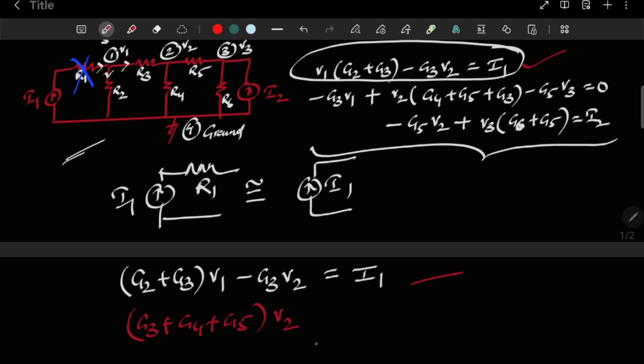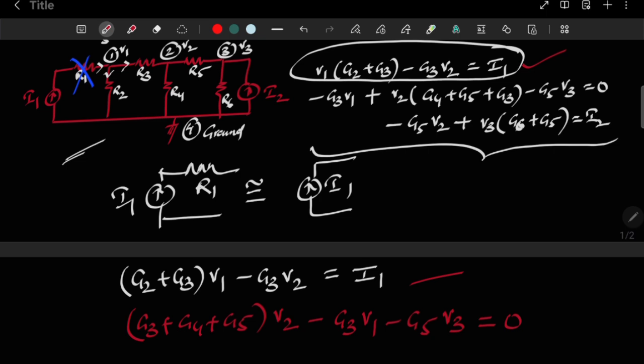But G3 is in between 2 and 1, so I have to take minus G3 into V1, and G5 is in between 2 and 3, so minus G5 into V3. Okay, and no current source is connected directly with node 2, so this is equal to 0.